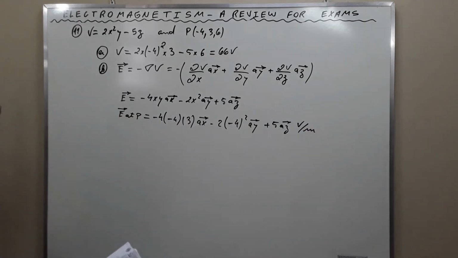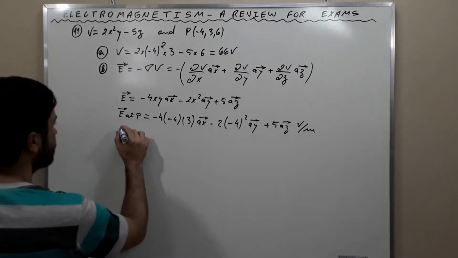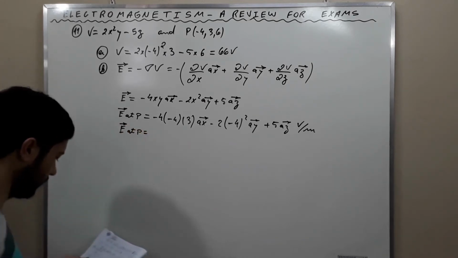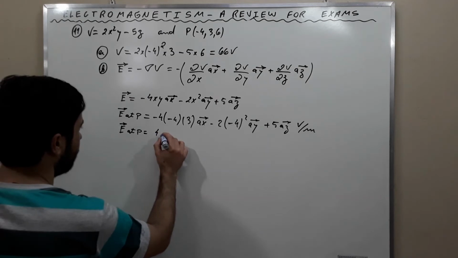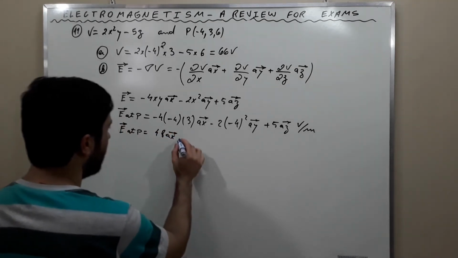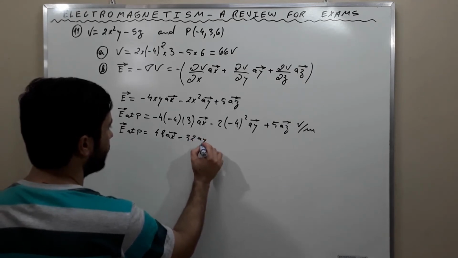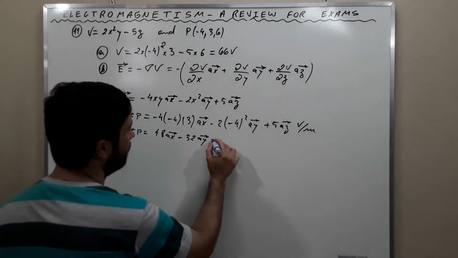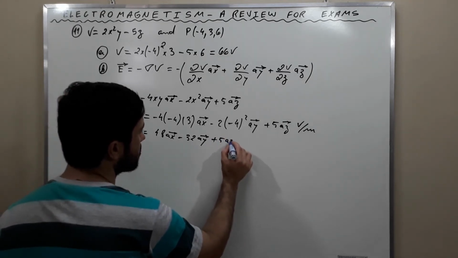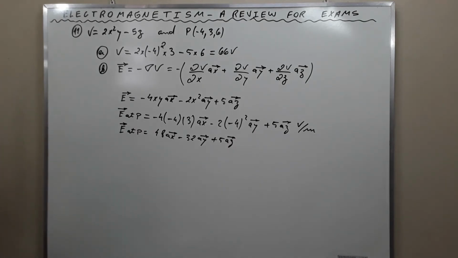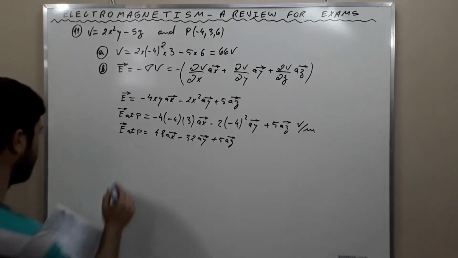And with this, we find that the electric field at P is 48 in the x direction, minus 32 in the y direction, plus 5 in the z direction.